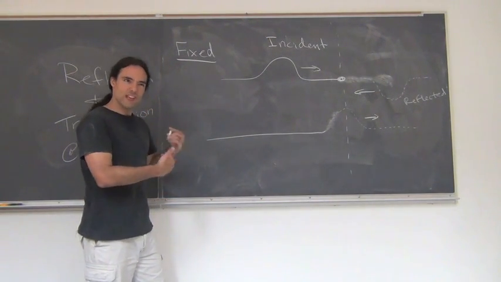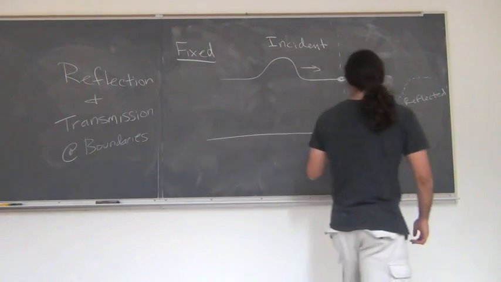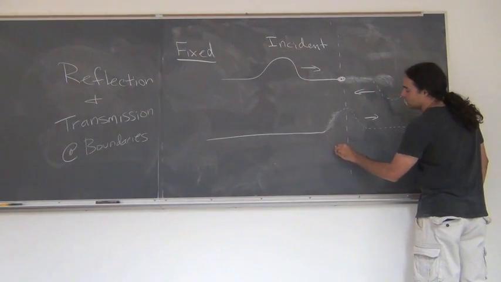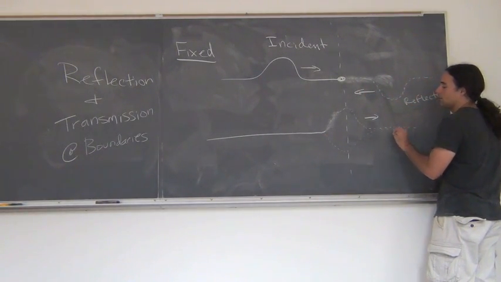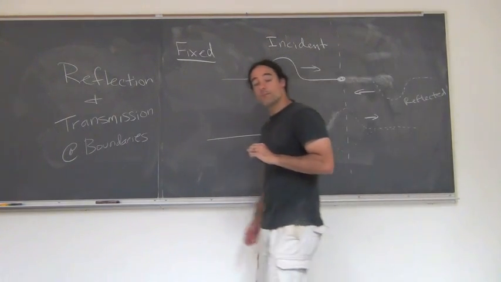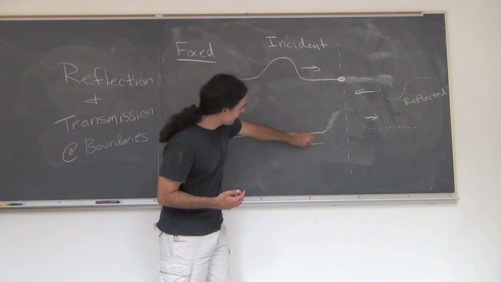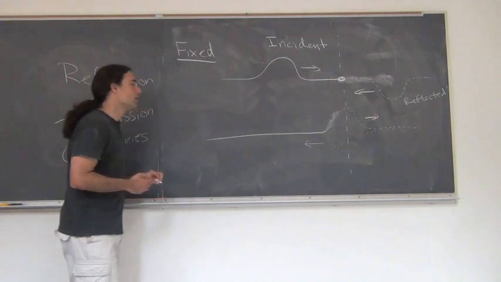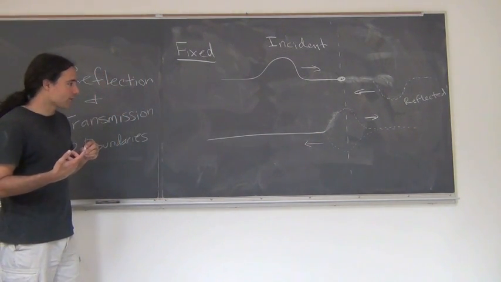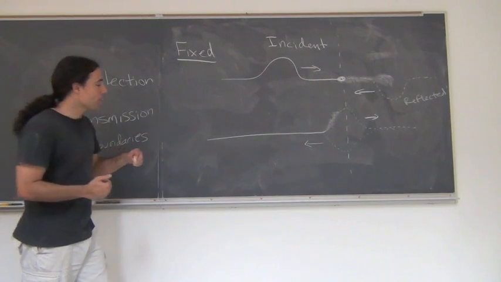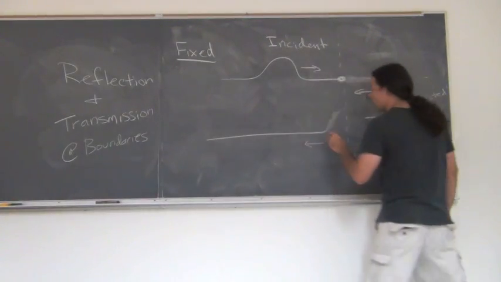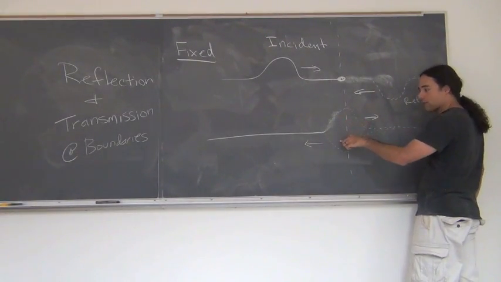My reflected wave is now right on top of the incident wave, however. When they are right on top of each other, remember my reflected wave is moving to the left. They're superimposed on top of each other. So while this wave is going up, this wave is going down.